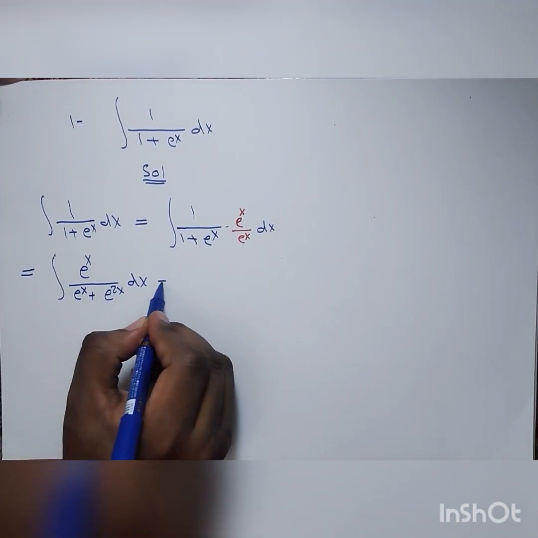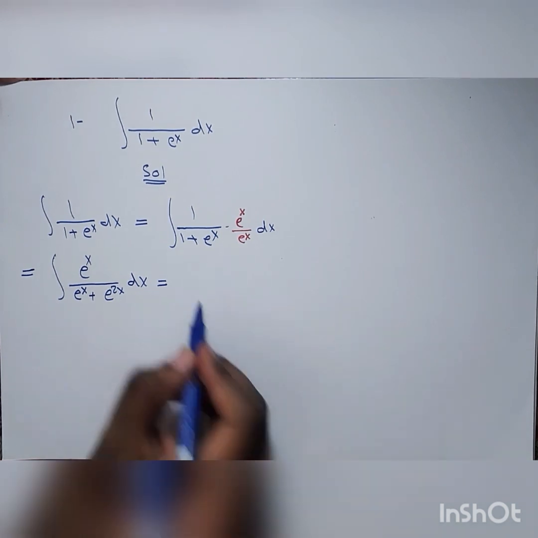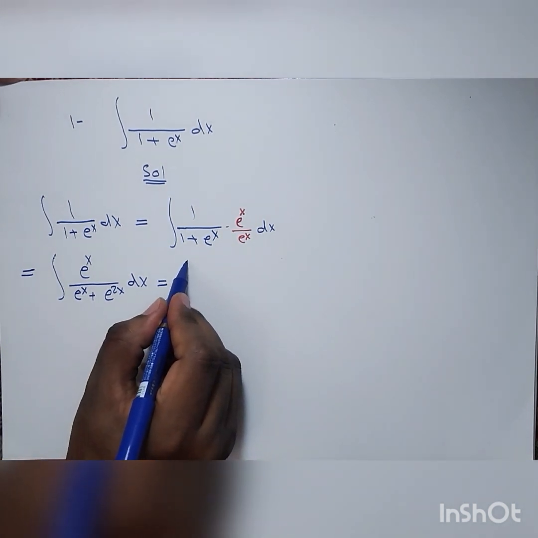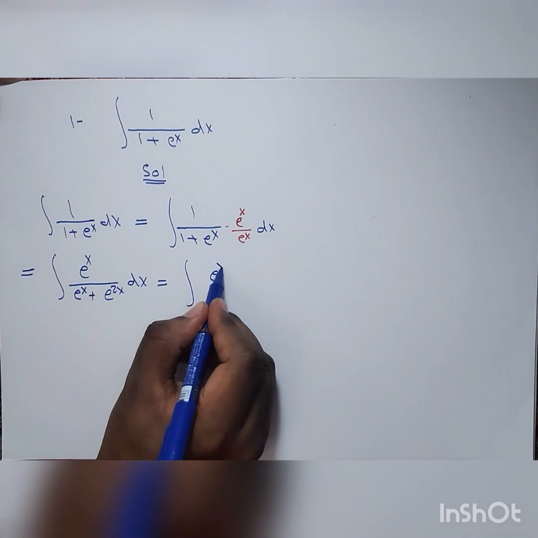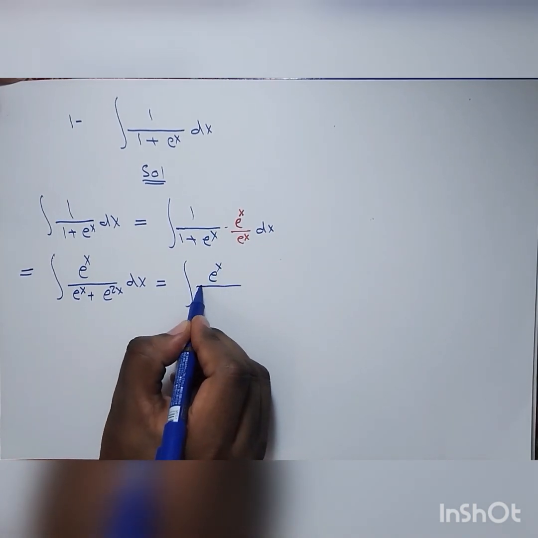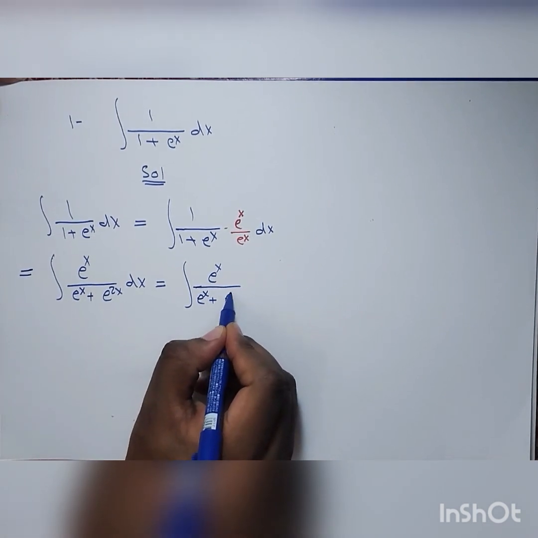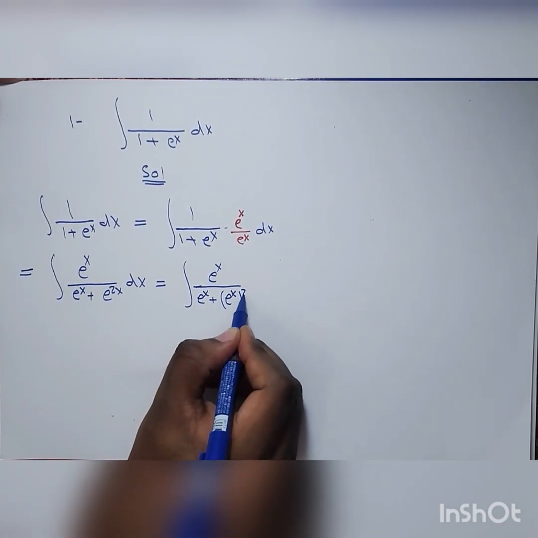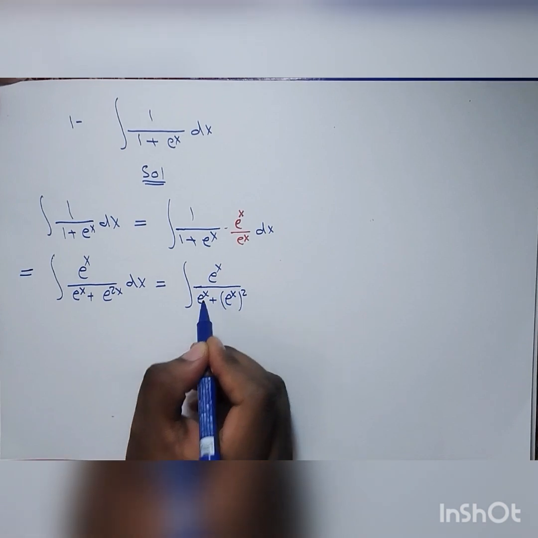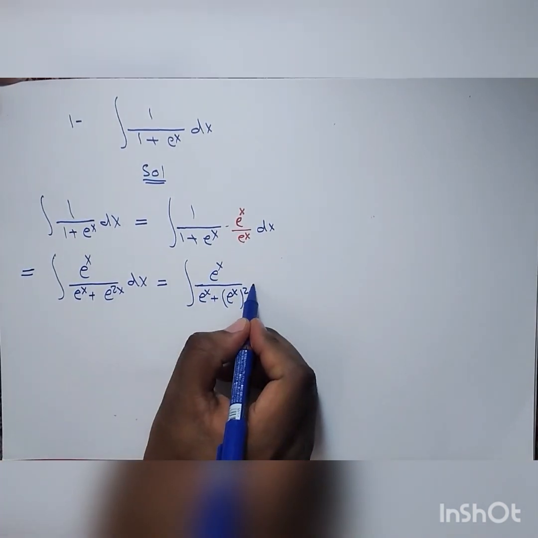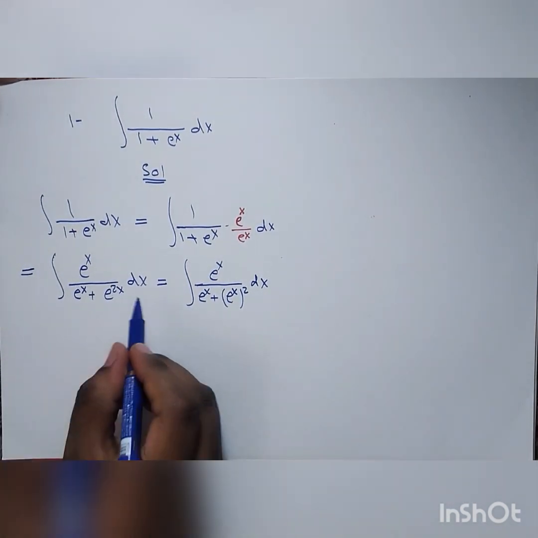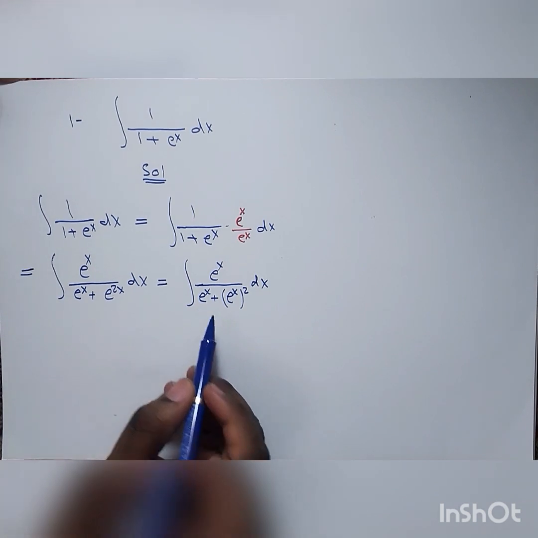And we can also write this integral as e to the power x divided by e to the power x plus e to the power x all squared, because x 2 times is just 2x.